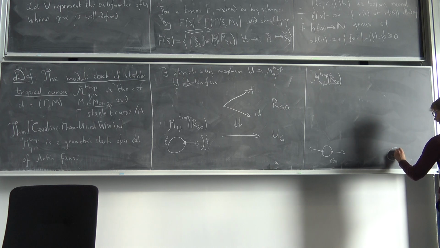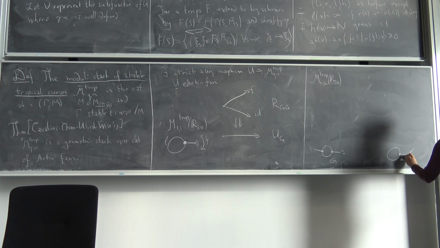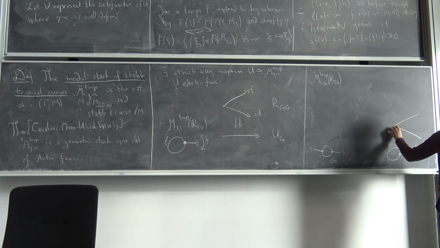But we also have this graph, G2. Both of them have two parameters. So we will have something like this.